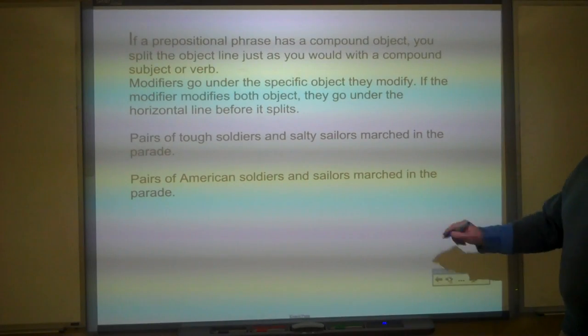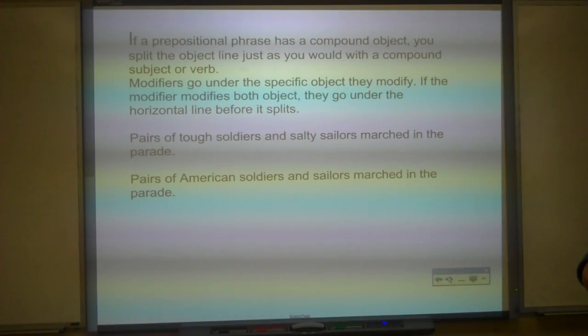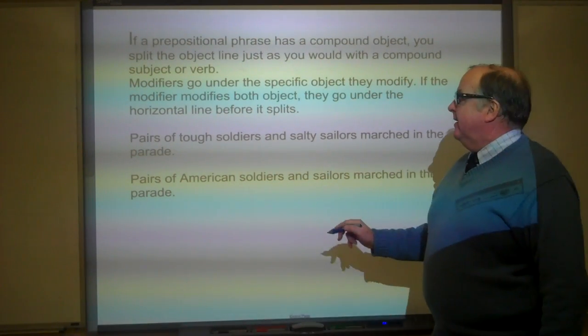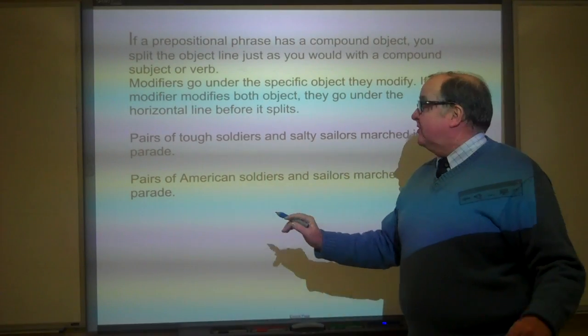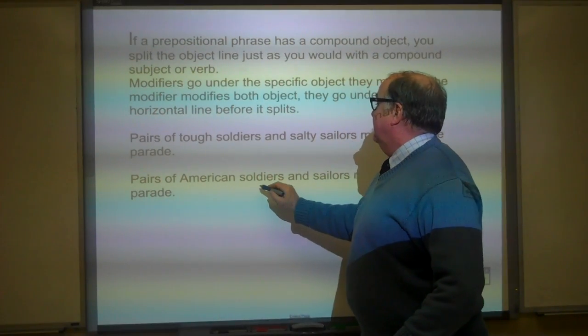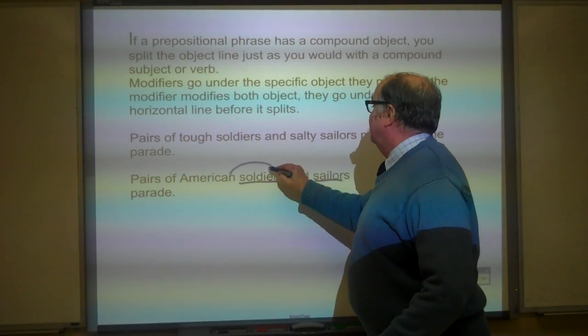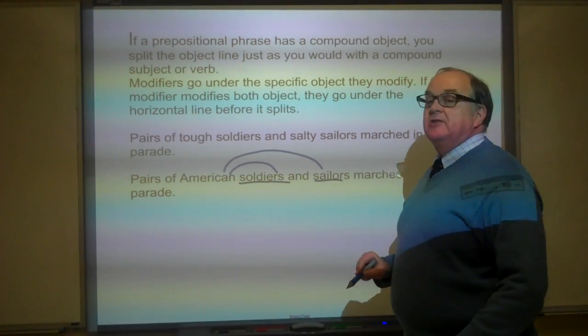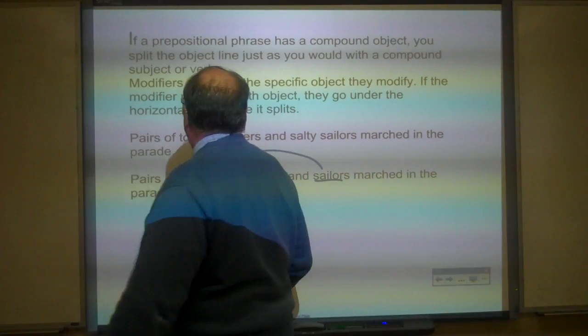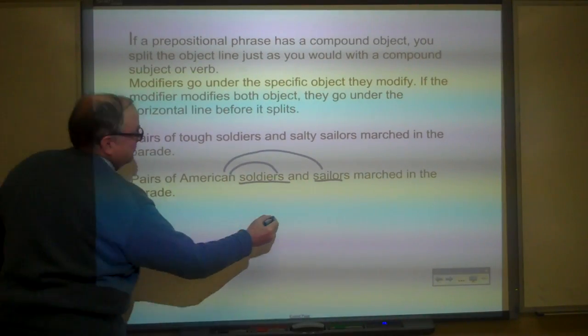So, for example: pairs of American soldiers and sailors marched in the parade. In this case, it's basically the same sentence, except American modifies both soldiers and sailors.